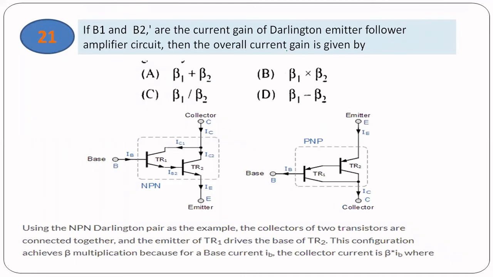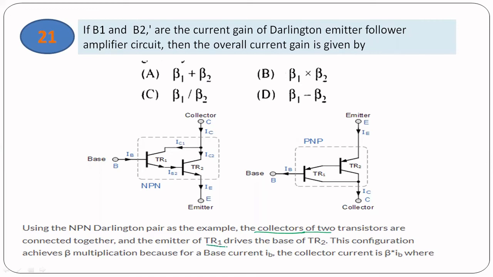Next is: if beta 1 and beta 2 are the current gains of a Darlington pair that follows our amplifier circuit, then overall current gain is what? Okay, so remember that a Darlington pair is nothing but what? In any Darlington pair the collectors of the two transistors are connected together, and the emitter of transistor 1 is the base of transistor 2.